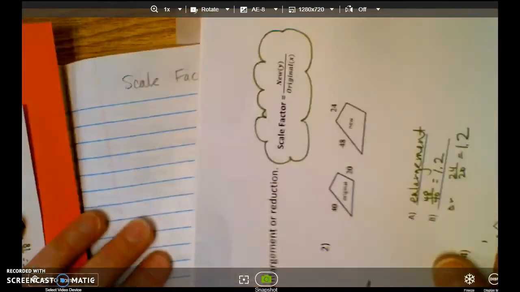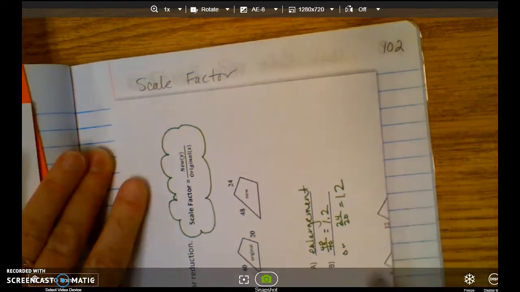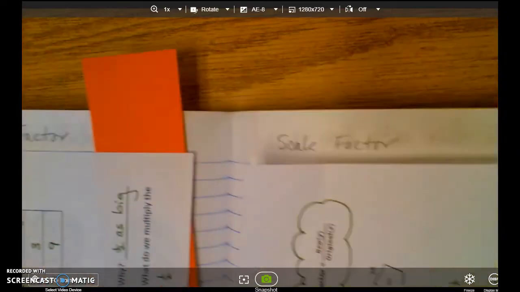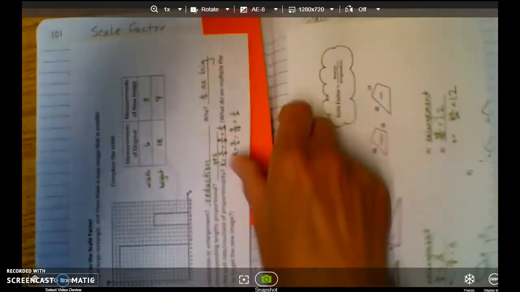And then this page here that we just folded in half, you need to tape that in also just on the left, and that way this will open up and you'll be able to see the whole page. See if I can give you a big shot of the whole thing so you know how this looks. Let's just get my bookmark out of the way.